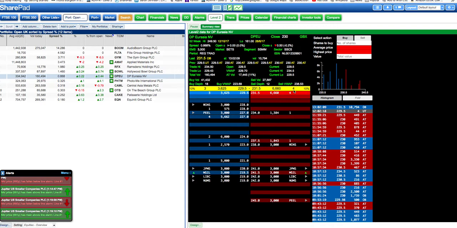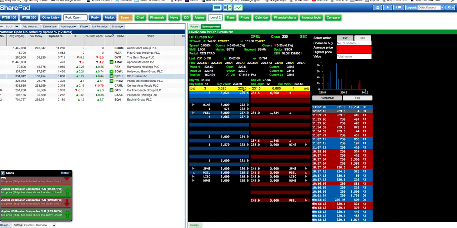So what it's saying is there's 4 people who will sell you their stocks for 231.5. This is the number of stocks they've got in total. So there's 4 people selling a total of 6,660 shares at 231.5.